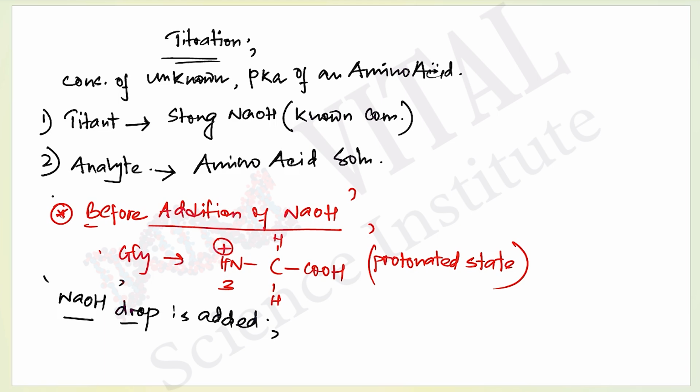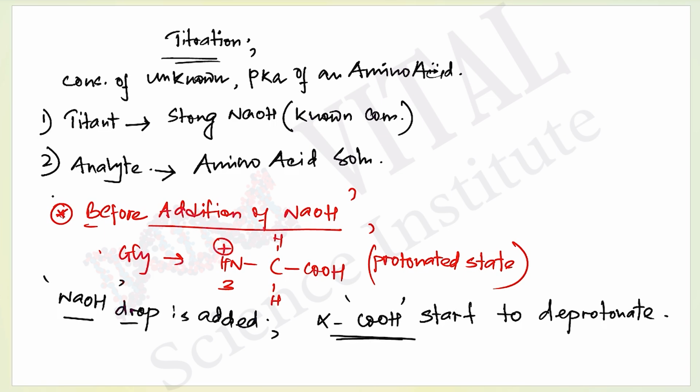First of all, from this particular structure, we can clearly understand that the COOH has a lower affinity, the O minus has a lower affinity towards the H plus. As a result, the alpha carboxyl group will start to deprotonate.